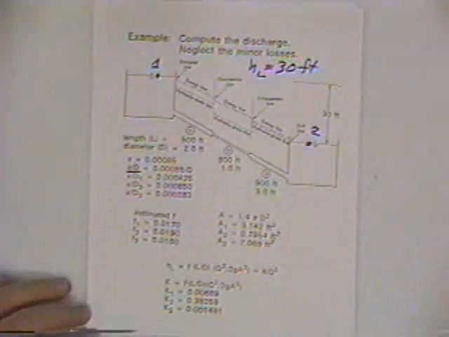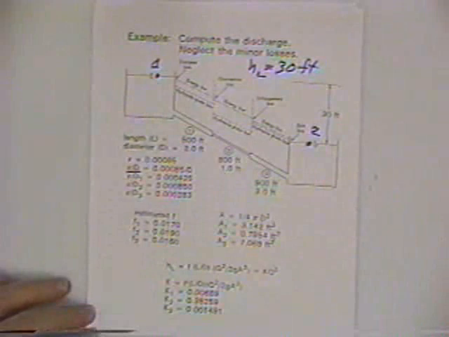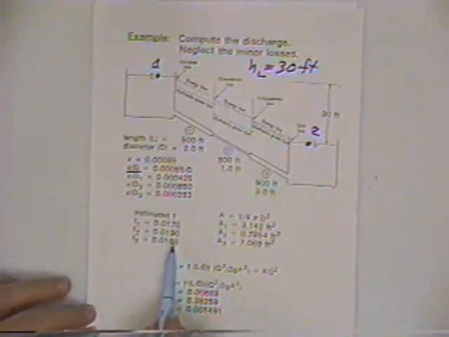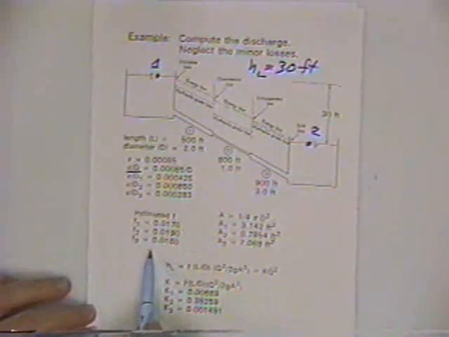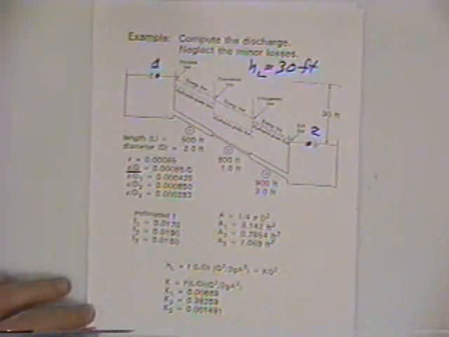For each of the pipes with the given diameters, we can compute a relative roughness, epsilon over D, which is one of the terms needed in the Moody diagram to get the f for the Darcy-Weisbach equation. Same story as before. The only difference is there's three pipes now. We need to estimate friction factors, so we'll estimate the friction factors without the Reynolds numbers and then check them. And then we've reproduced the Darcy-Weisbach equation again, same equation we've used already.